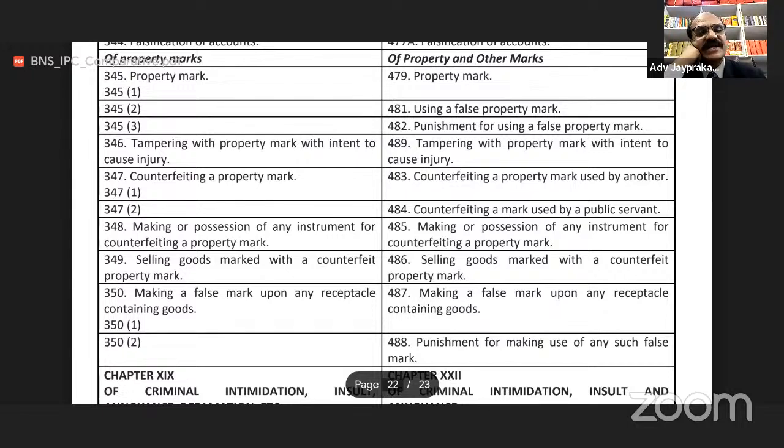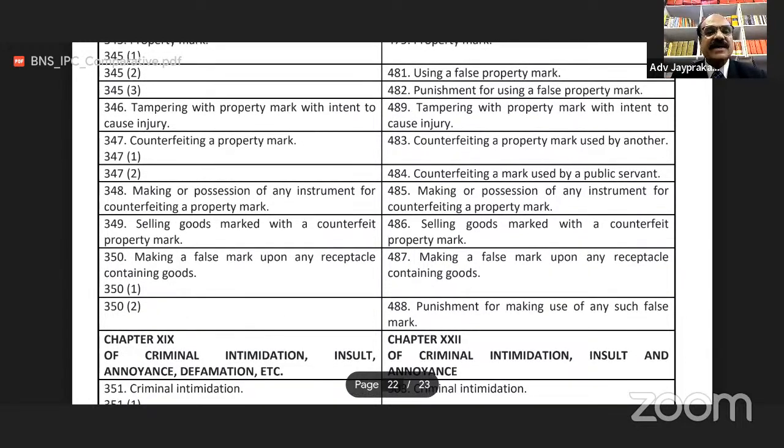BNS section 346, tampering with property marks with intent to cause injury; its corresponding section was in IPC 489. BNS section 347, counterfeiting of property marks; corresponding IPC 483.